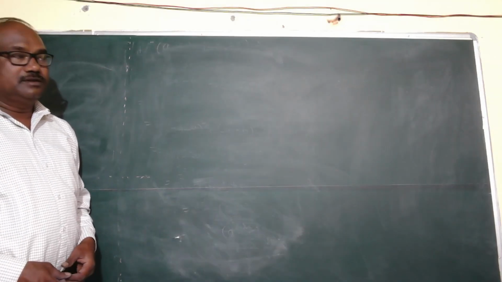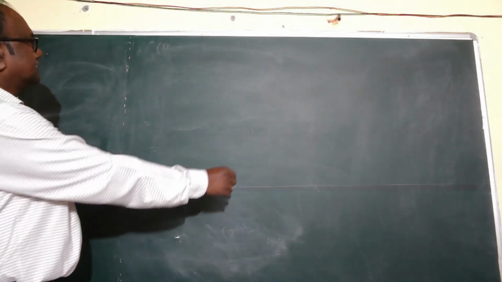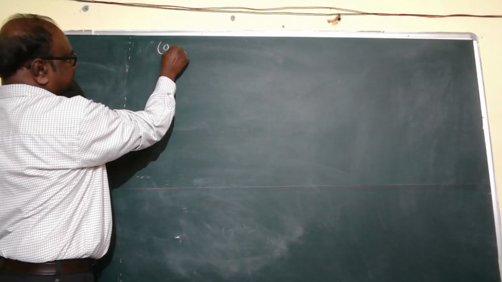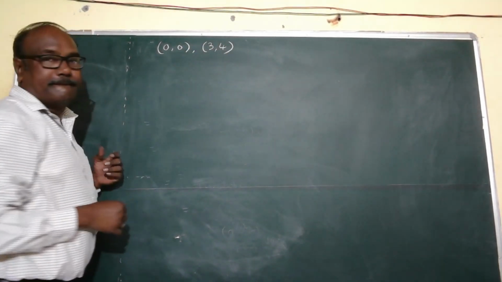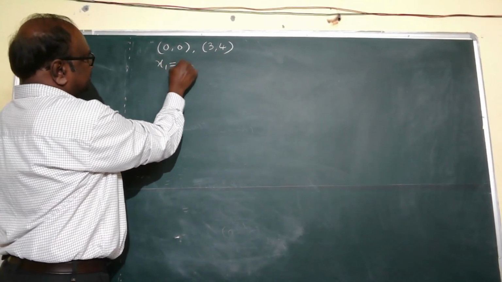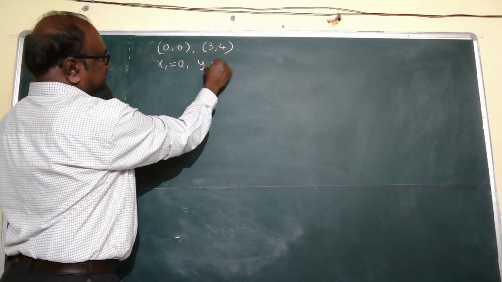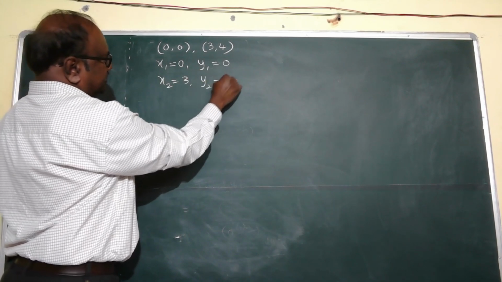Now let us discuss one problem here. Find the distance between 0, 0 and 3, 4. Okay. As the same, x1 is equal to 0, y1 is equal to 0, x2 is equal to 3, y2 is equal to 4.